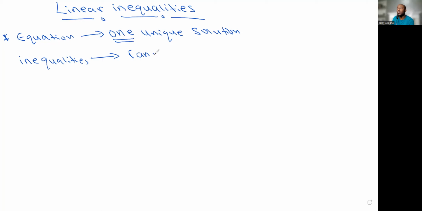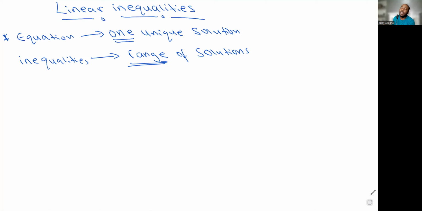So it has not just one, but a range of solutions. That is the major difference between both of them. And to solve an inequality, we calculate the range of values that the unknown variable can be in that inequality.